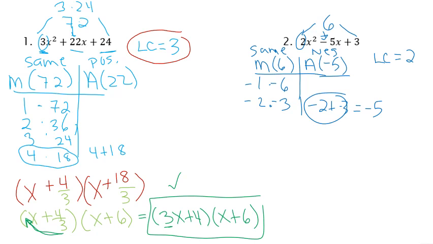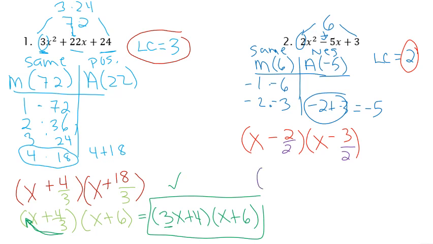And then we're going to do our next step, where we write our factors in here. But then I have to divide by my leading coefficient. So I have to divide by 2. And you're usually going to find that it goes into at least one of them, right?